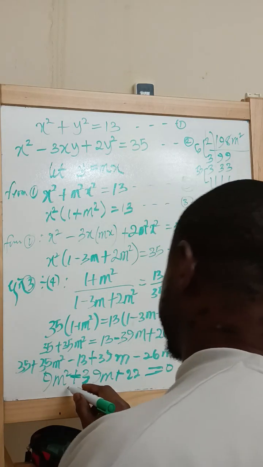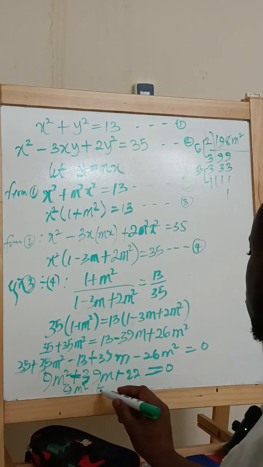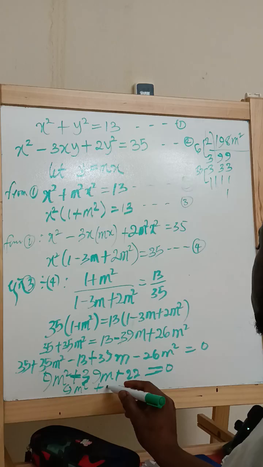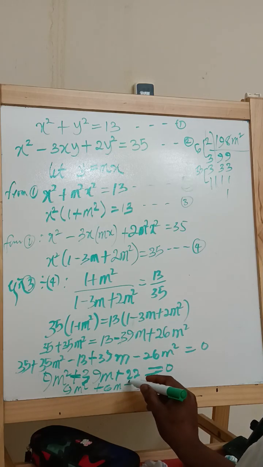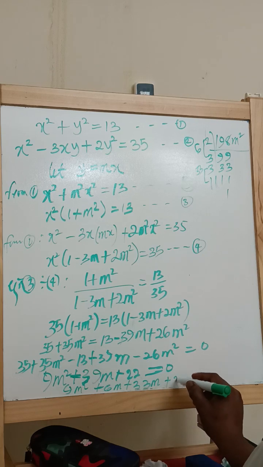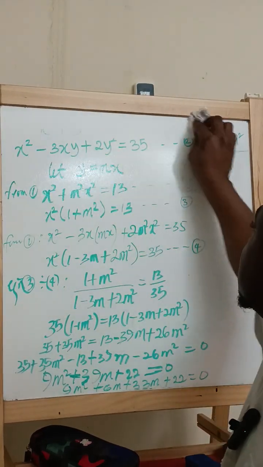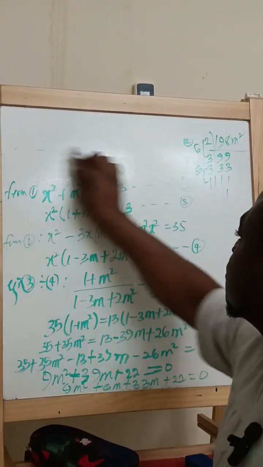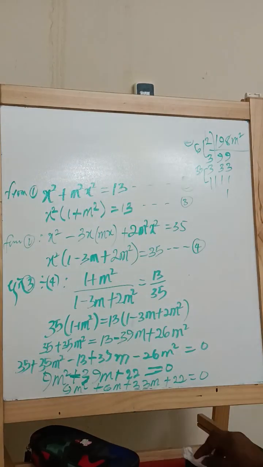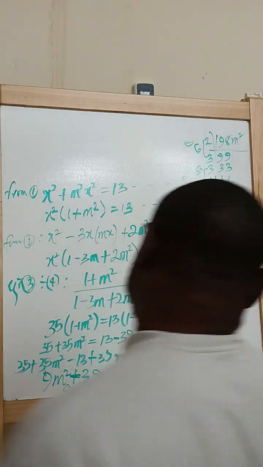So that will be 9m squared plus 6m plus 33m plus 22. Okay? So with these numbers obtained, this is now going to be 9m squared.